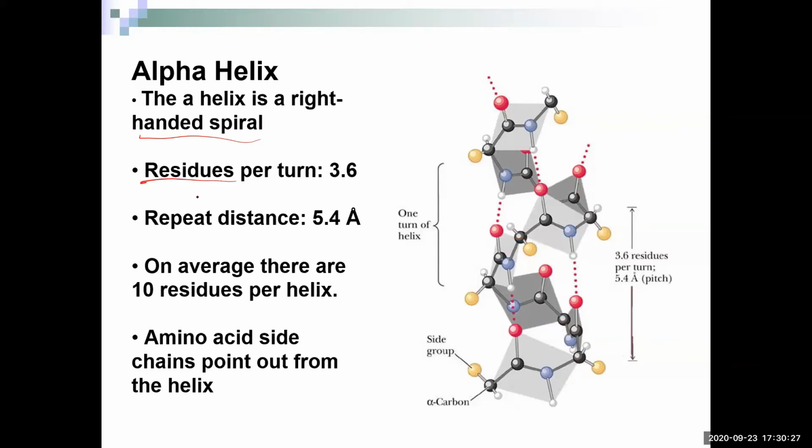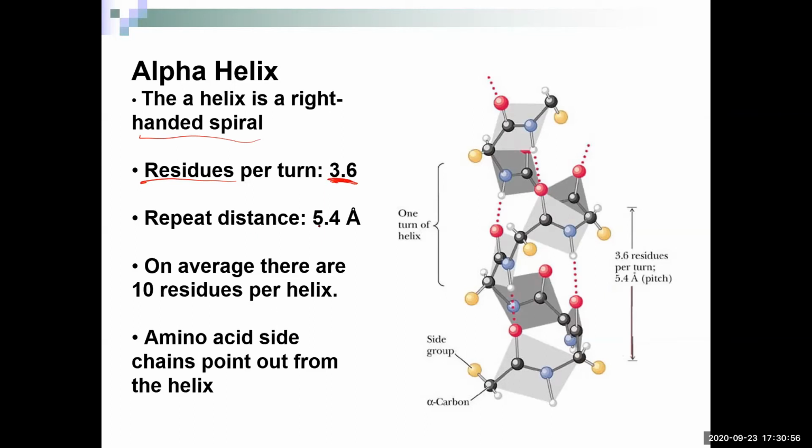The residues here means the amino acids that combine in our chain. Once you add one amino acid, then another amino acid, then remove the water from them, we can call those residues. So, each amino acid residue has a size of 3.6.